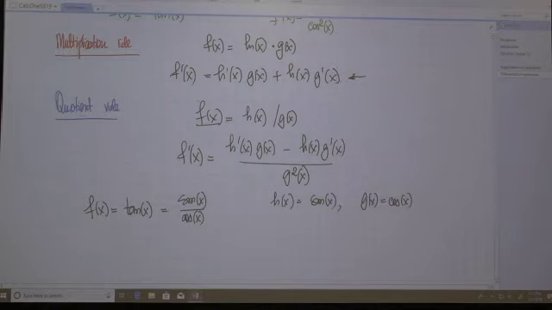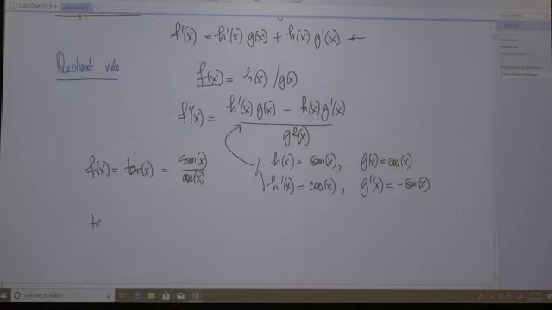Then to find the derivative of f, I just need to use this formula. So what is h prime? We just found out that the derivative of the sine is equal to the cosine of x. And what is the derivative of g? It is minus sine. So I just need to substitute everything into this formula.